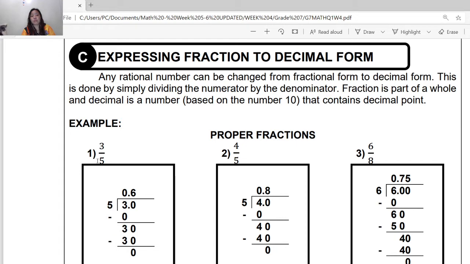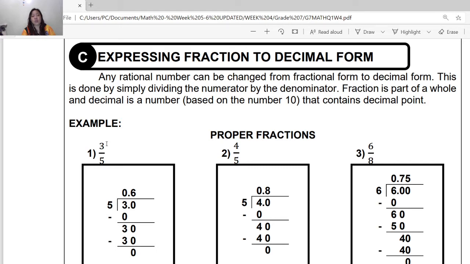Proper fractions, because the numerator is less than the denominator, or the numerator is smaller than the denominator. So that's why it is called proper fractions. But how are we going to convert fraction to decimal form?